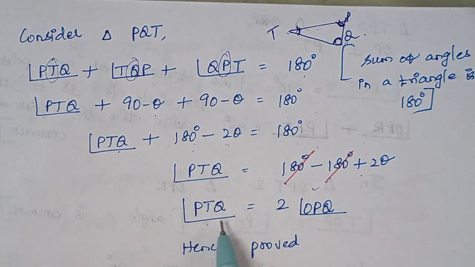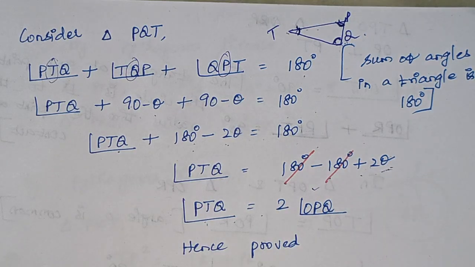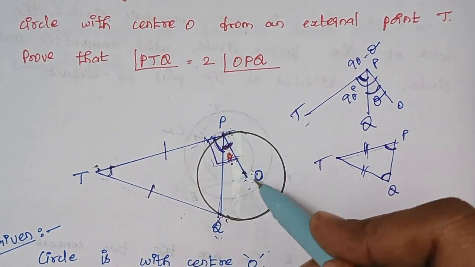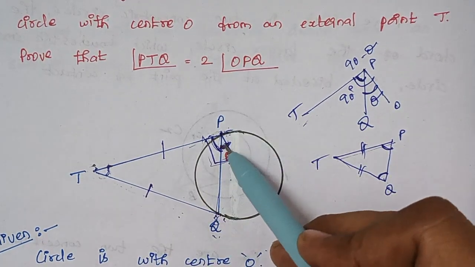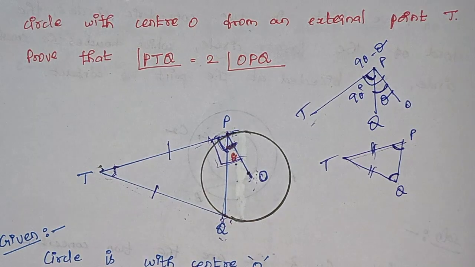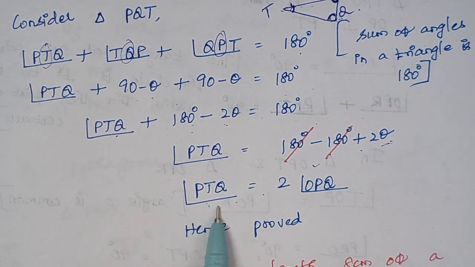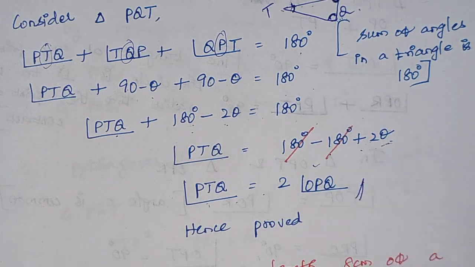And finally PTQ is equal to 2 into theta. What is theta? Again we have to look back at the diagram. From this diagram, theta is nothing but OPQ, because this is theta here. So finally we have proved PTQ is equal to 2 times theta, which is OPQ. So here it is proved.